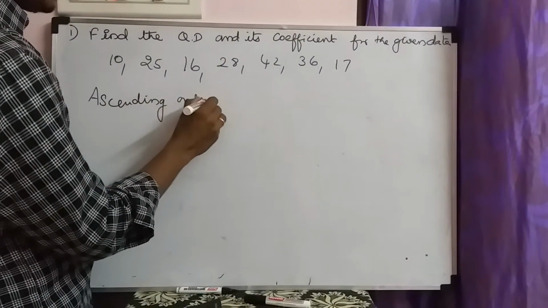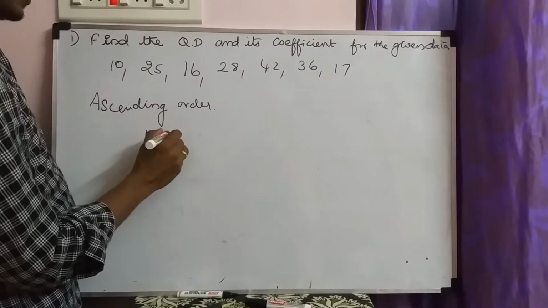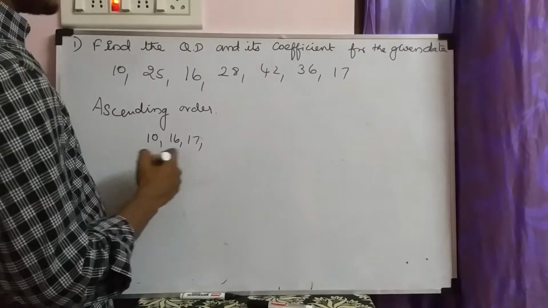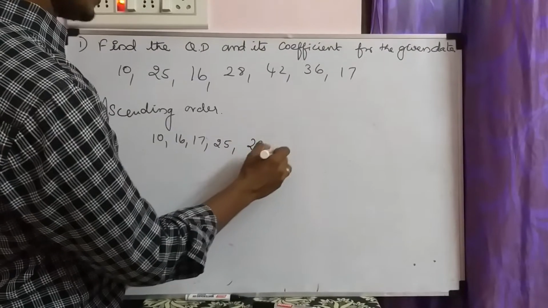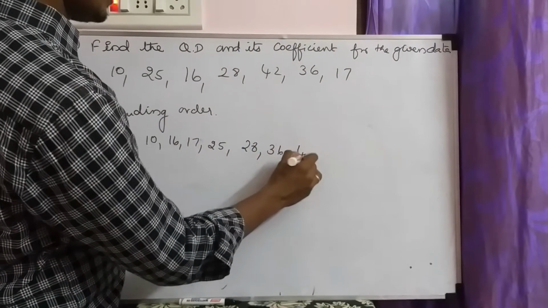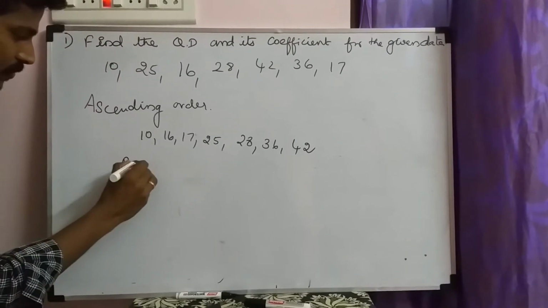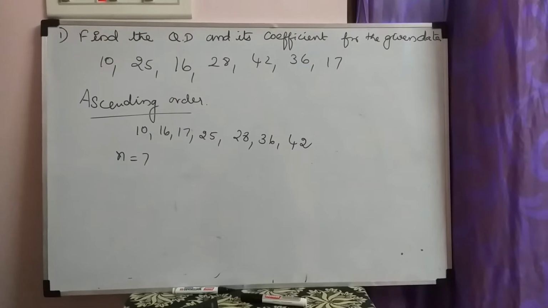Ascending order: 10, 16, 17, 25, 28, 36, and 42. Here the number of data is 7.